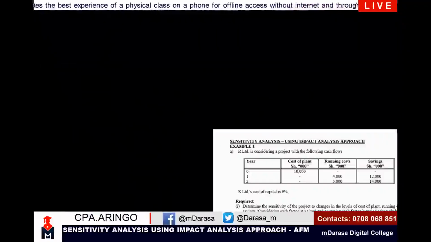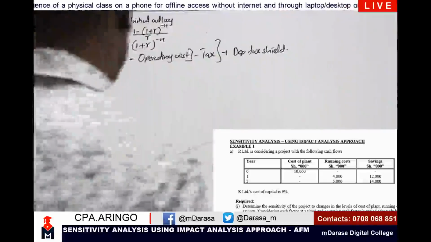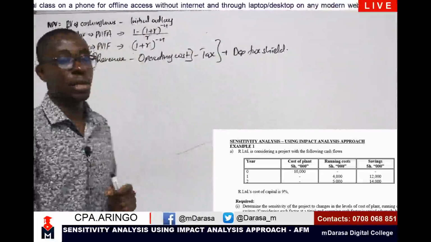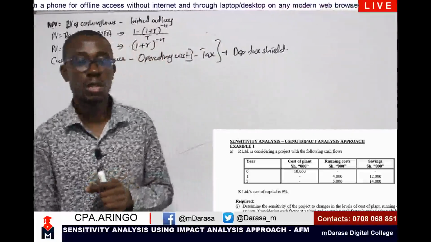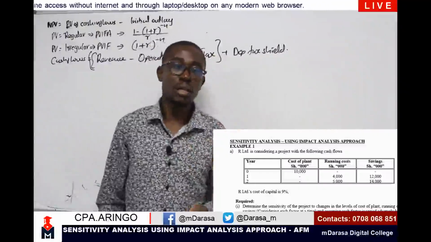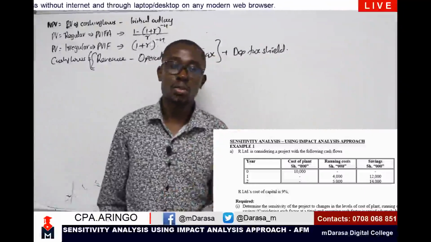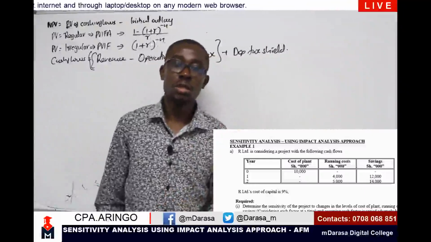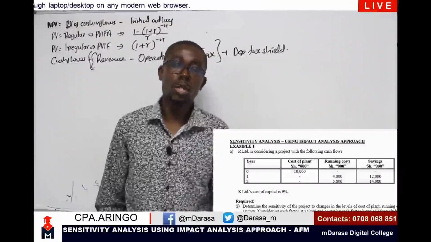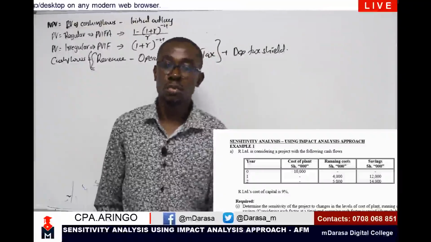So let us dive into the question which we have looked at. It is upon us to identify if we are dealing with regular cash flows or irregular cash flows. This will enable us to determine which PV factor we are going to use, if it is annuity or lump sum.